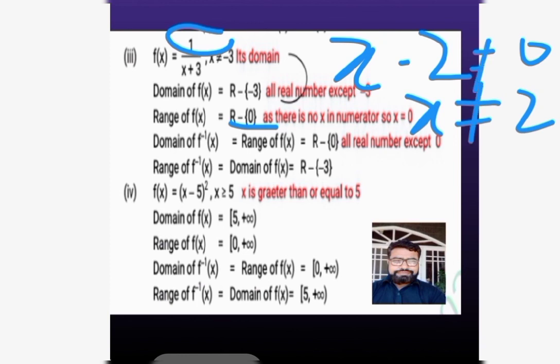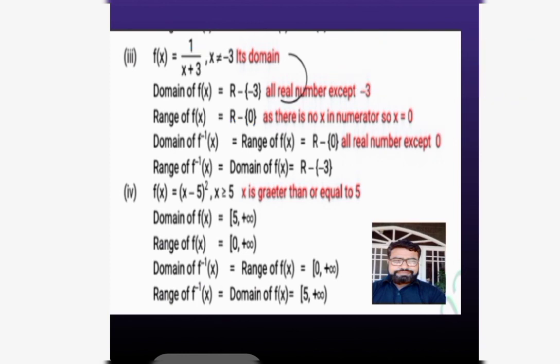But if there is no x, it can be any number, positive or negative, 1, 2, 3, 4, minus 7, minus 6. If there is a number without a variable, we subtract 0 from the real numbers in the range. This is the rule if it is written without finding f inverse of x, write the domain and range.